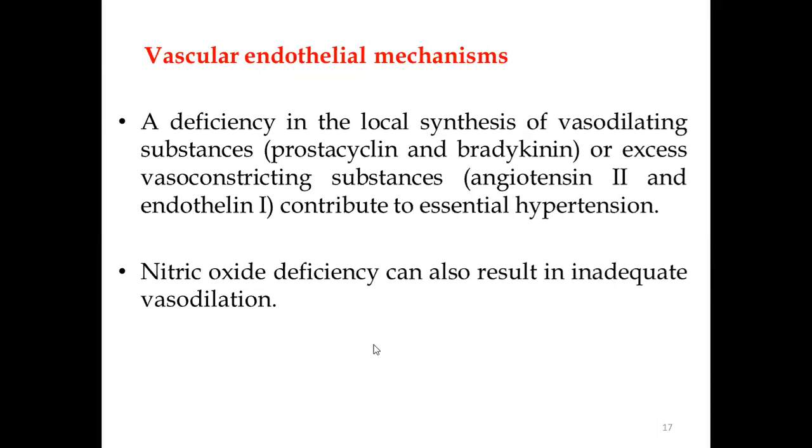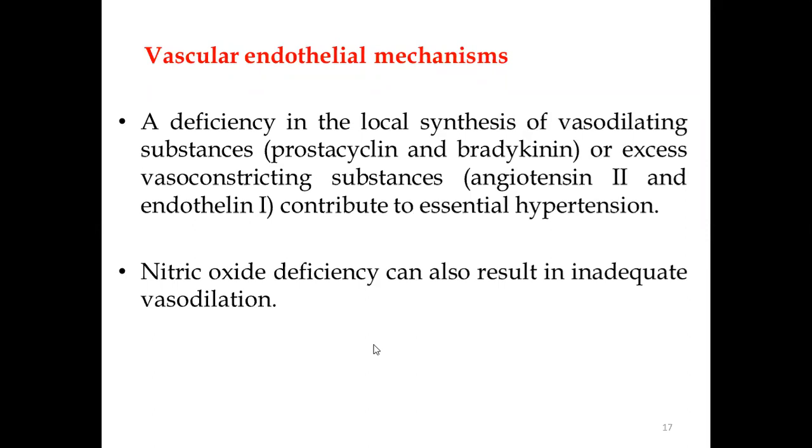When there is excessive production of vasoconstricting substances like angiotensin 2 and endothelin, they are very important causes of essential hypertension. We'll discuss later what essential hypertension is, but for the time being, we'll say essential hypertension is high blood pressure without any known cause. We call it essential hypertension, or the causes are usually unknown.